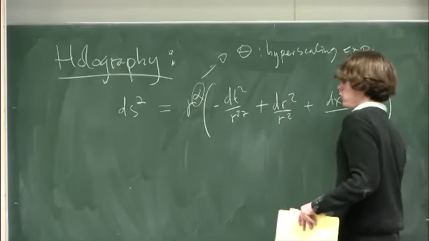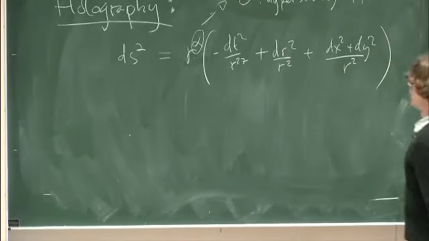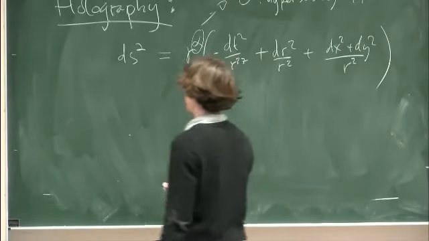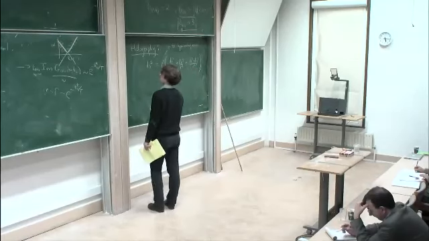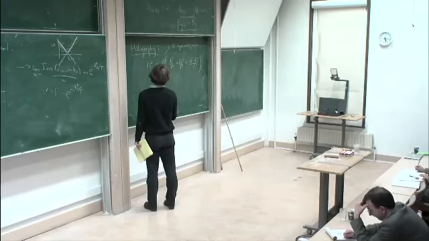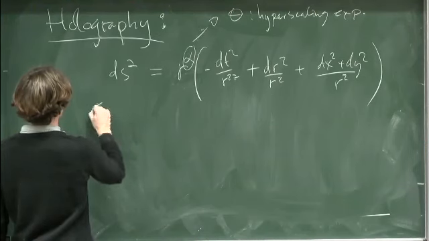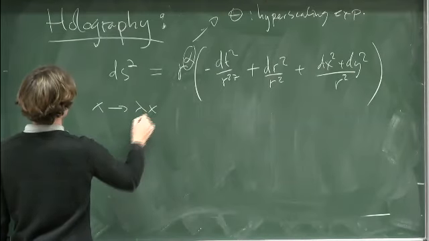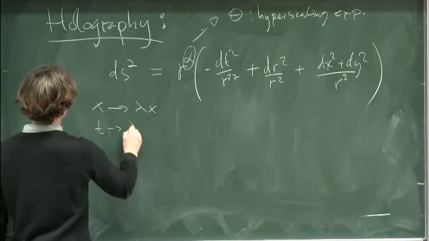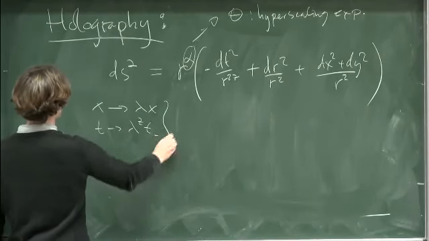So now these geometries, the scaling invariance of these geometries is that x goes to lambda x and t goes to lambda to the z.